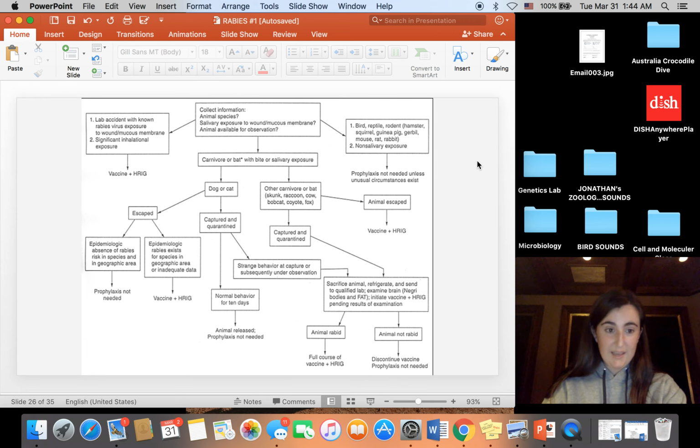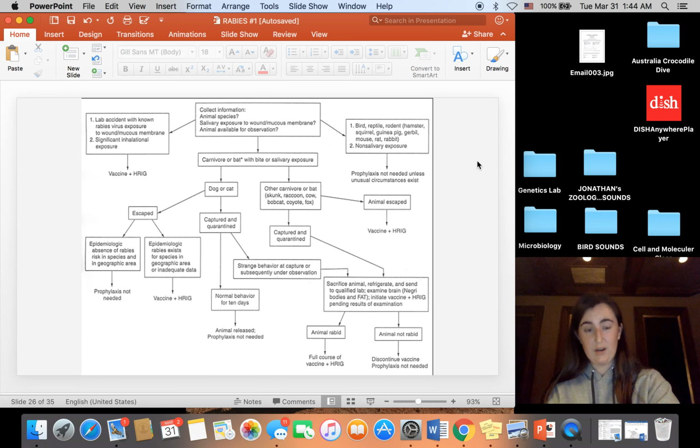Let's say it's escaped, and if you know whether it has rabies or not, it tells you that if it has rabies, you're going to get the vaccination and then the HRIG, the human rabies immune globulin, with that. So depending on which animal you were in contact with and how you were in contact with it, it tells you what vaccines to get at that time. So yeah, it's helpful.